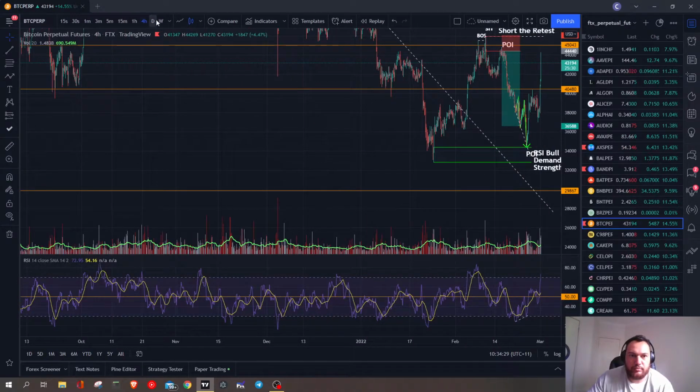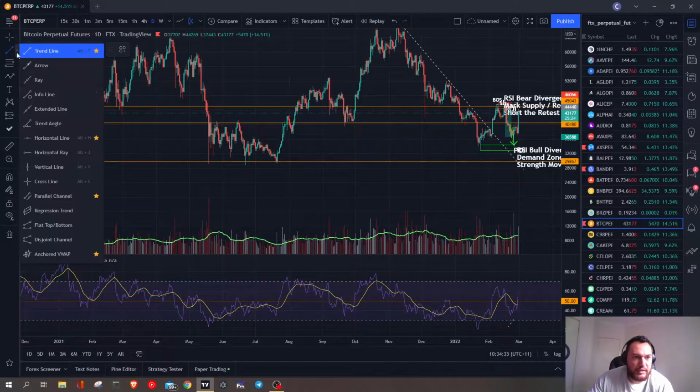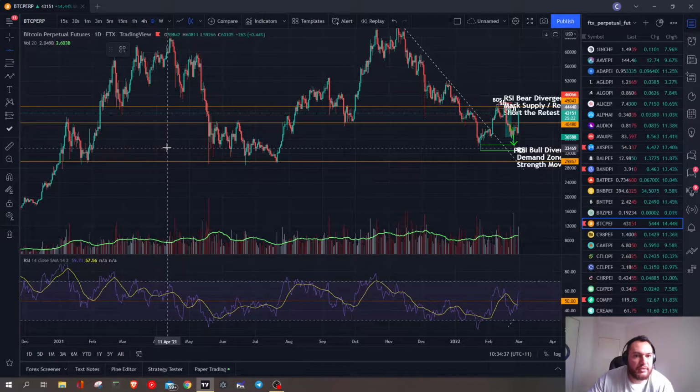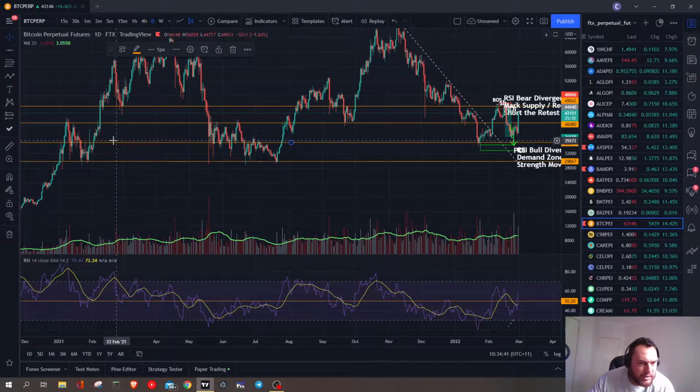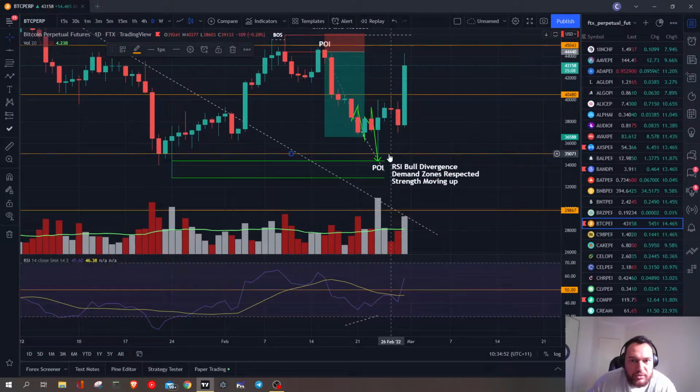All right, so go back. Let's have a look. Yeah, so there was an old equilibrium about here. So resistance, support. So an old EQ there, which aligns also with about here too.